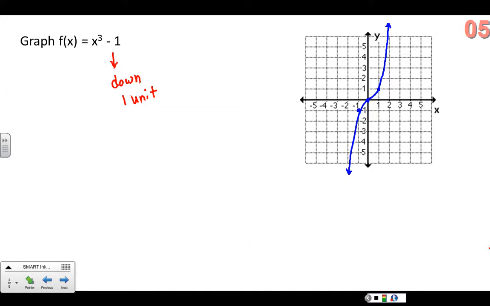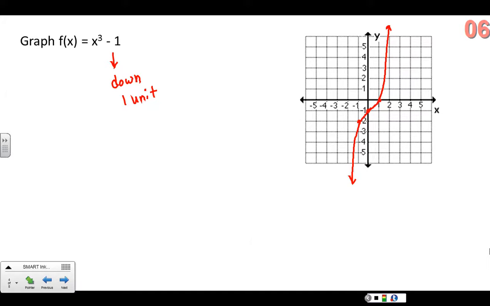So the points I've got plotted here, I'm going to actually just shift them all down 1 unit. So I'm going to even erase the blue. And now my new graph is, okay.